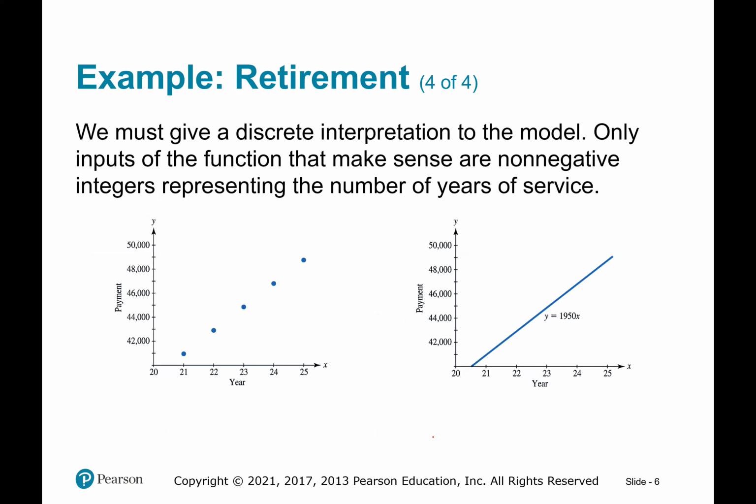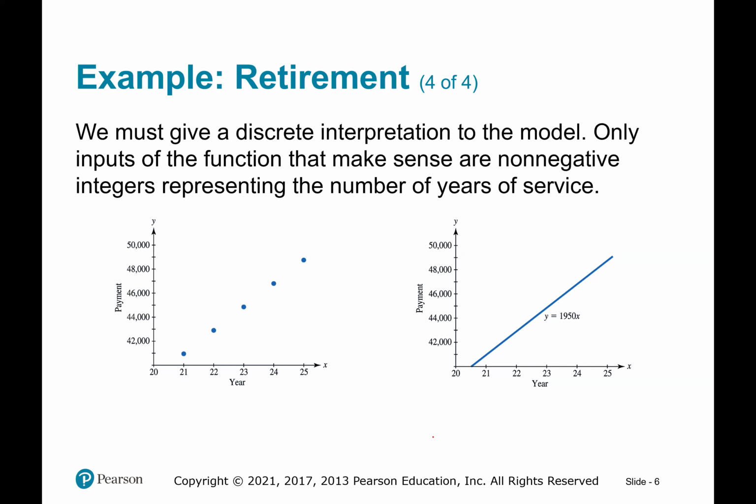Okay, so on this slide, on the left, we have the graph of the inputs of our data. So we have the XY values, the year, and the retirement payment plotted on the XY plane. And the next graph over to the right is a graph of the continuous function model that we found.